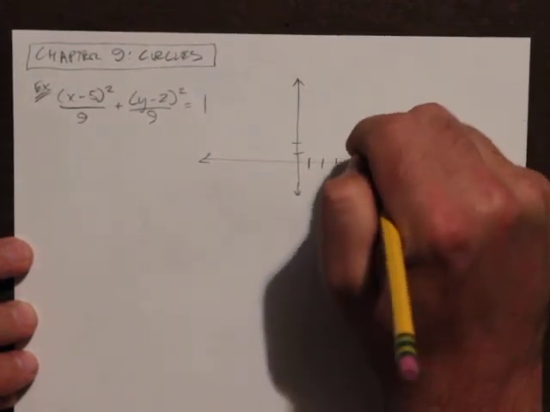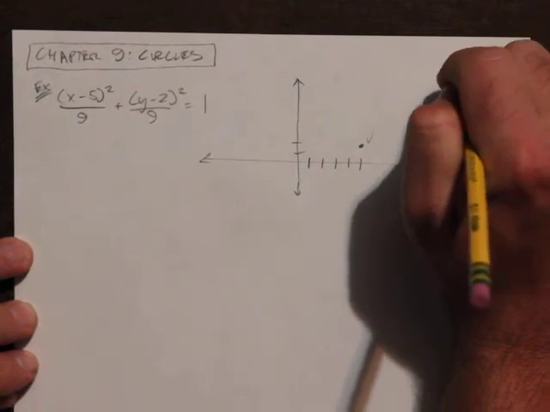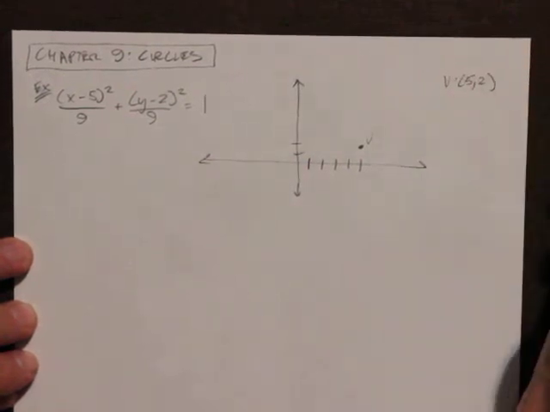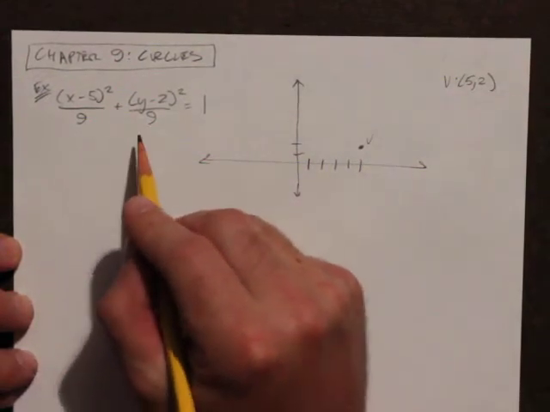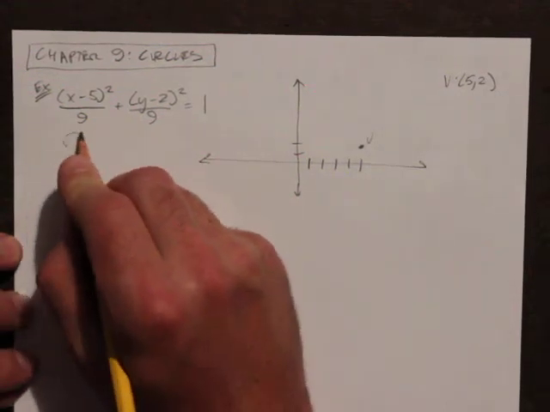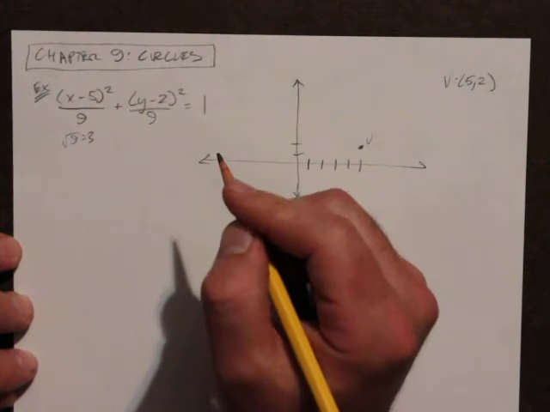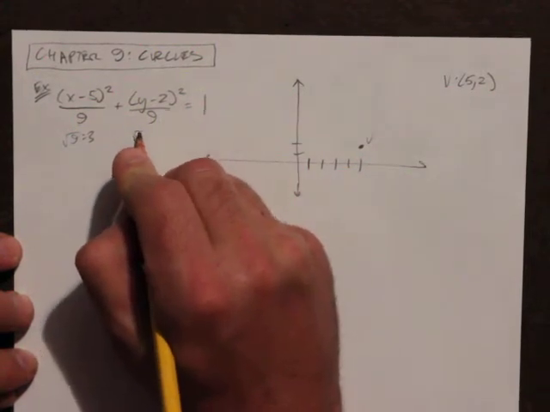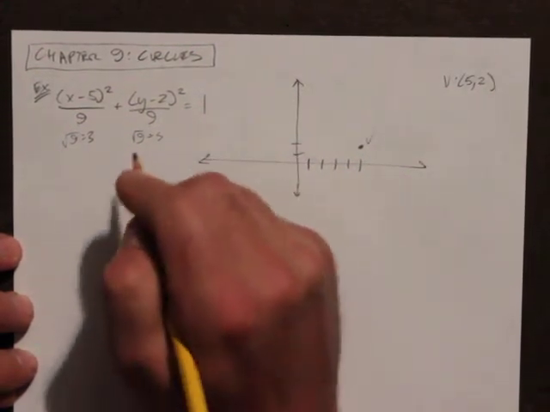So there's our vertex. Now we look at our A and our B values. The square root of 9 equals 3, so that's my A value. Square root of 9 is 3, that's my B value.